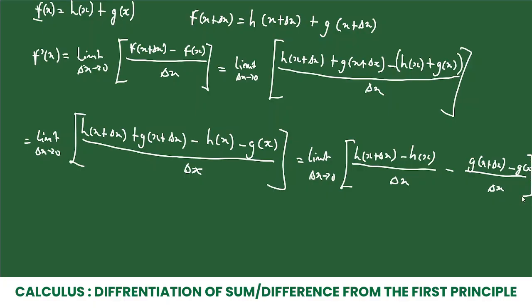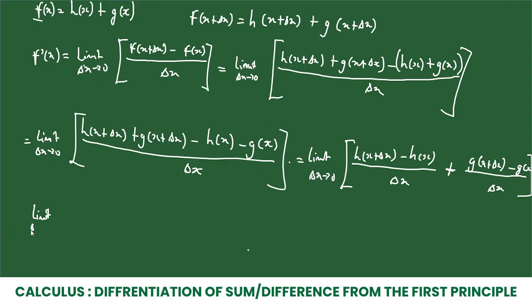Sorry, the g of x part is supposed to be plus, because the g of x plus change in x is plus from here. So we are going to take the limit of each part separately.